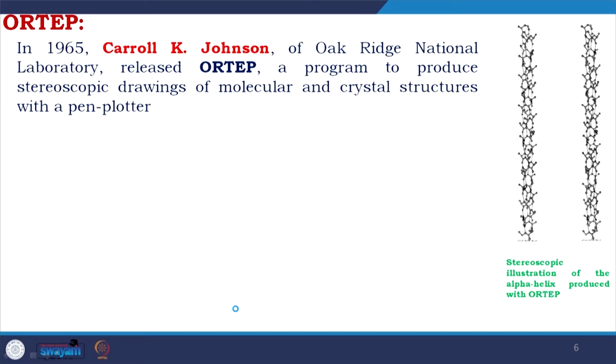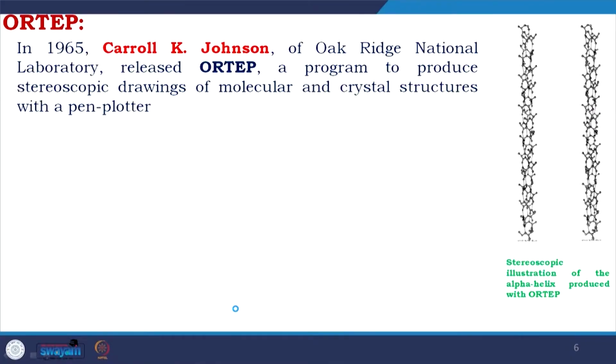In 1965, Carroll K. Johnson of Oak Ridge National Laboratory released ORTEP, which is a program to produce stereoscopic drawings of molecular and crystal structures with a pen plotter. So, they used a pen plotter correlated with the computer, and according to the change in the structure, the pen would plot. You will see this is a stereoscopic illustration of the alpha helix produced with ORTEP.